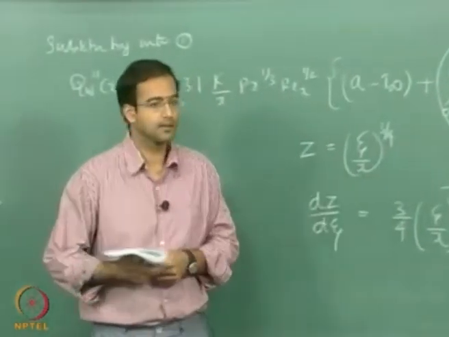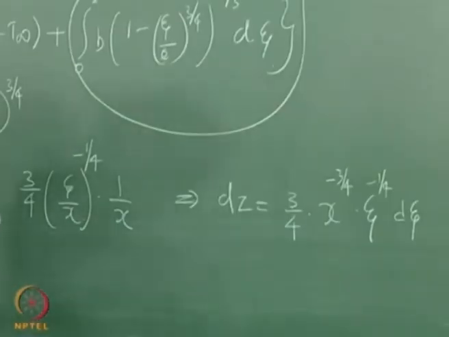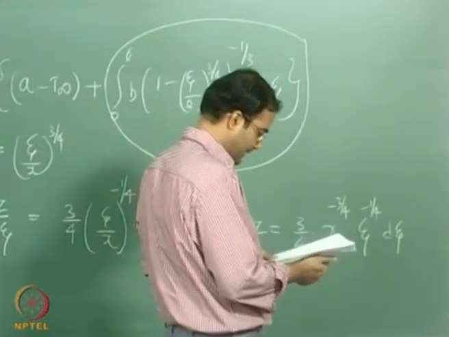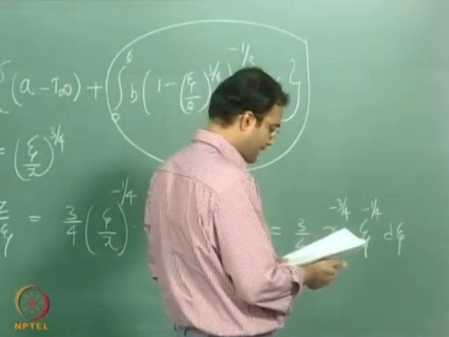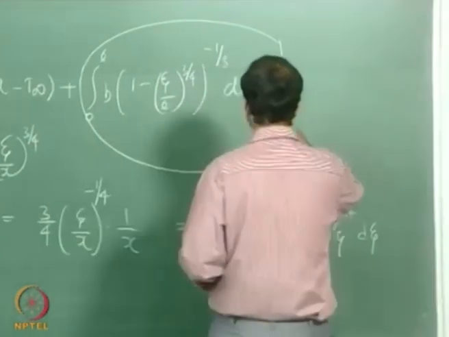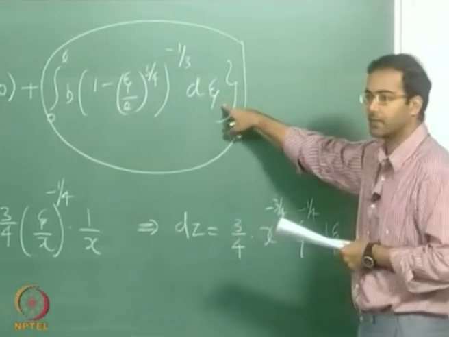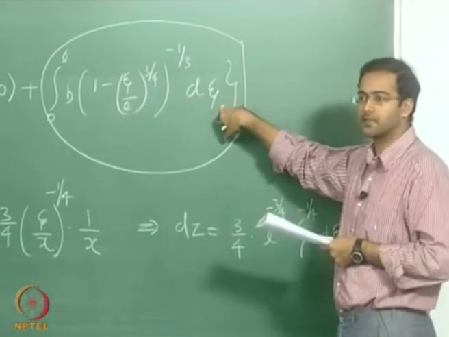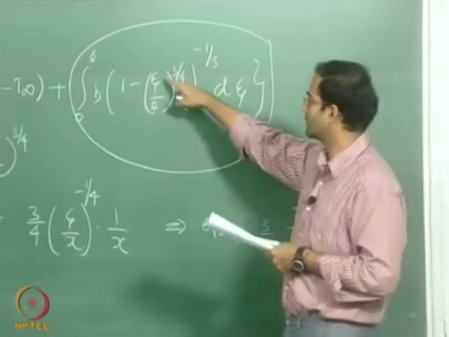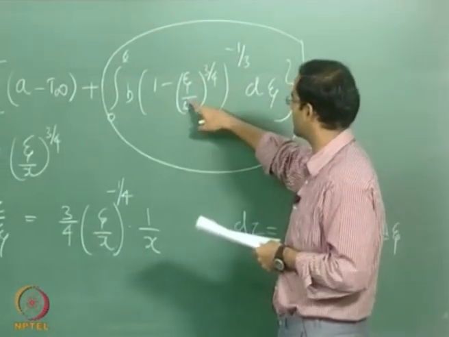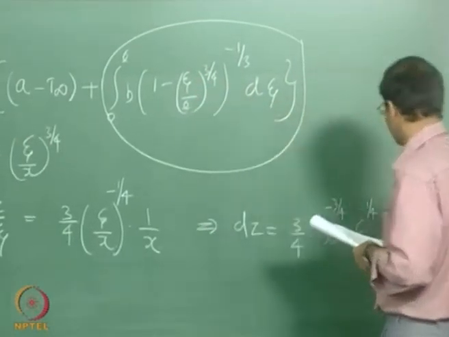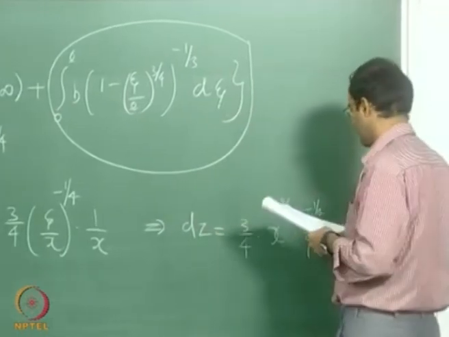I am just doing some algebraic manipulation there. So now I can transform these variables from d zeta to dz. I can substitute for zeta by x to the power 3 by 4 as z, and d zeta I can substitute in terms of dz.